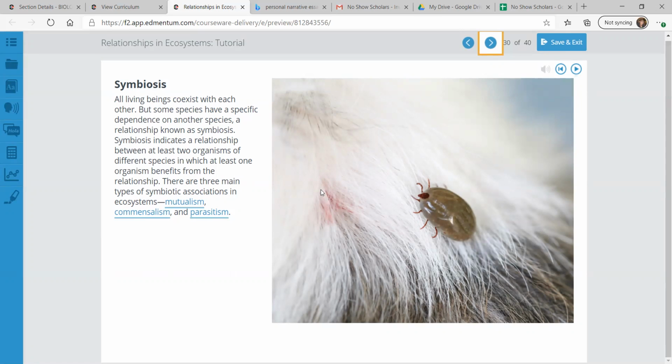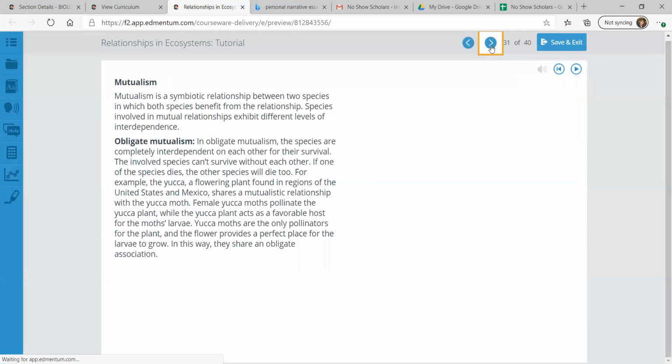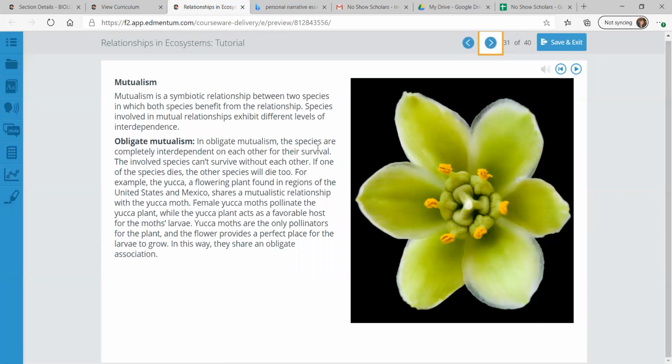And there are three main types of symbiotic associations: mutualism, commensalism, and parasitism. Mutualism is probably the best. It's a symbiotic relationship between two species in which both of them actually benefit from this relationship.